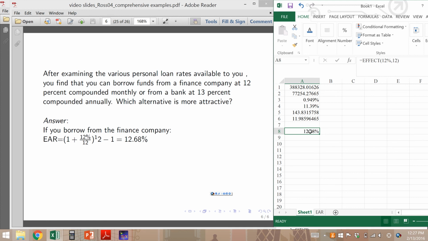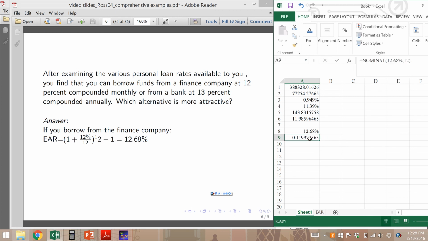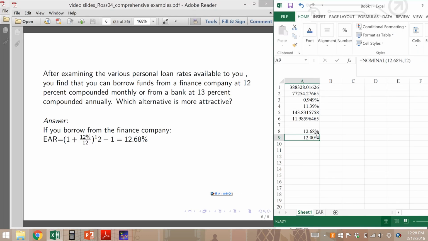So you have 12.68%. On the other hand, if you need to compute the nominal interest rate, you can use NOMINAL. The nominal interest rate, remember, is the APR. You input the effective annual rate and the number of periods. That gives you 12%.